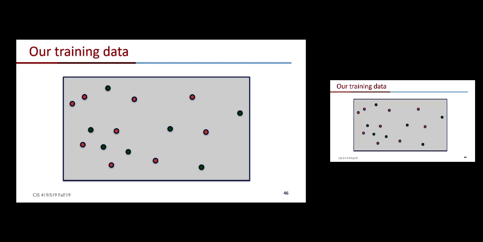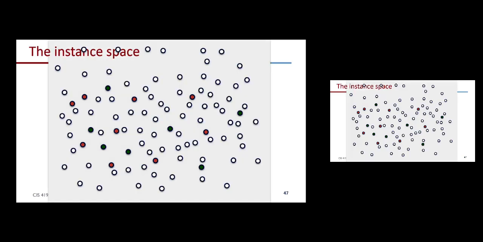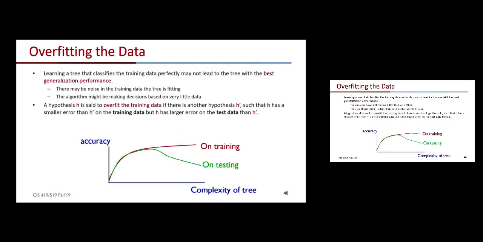So the question is, how do we think about this? In the context of decision trees, I have a very expressive class. I can fit all the data. Do I want to? The question is, what do I want to do so that I get the best generalization, not necessarily the best performance on my empirical data.